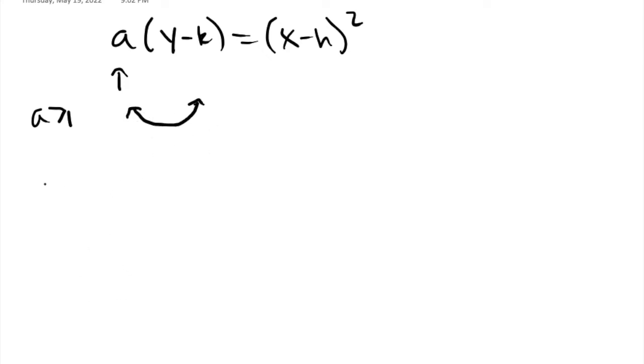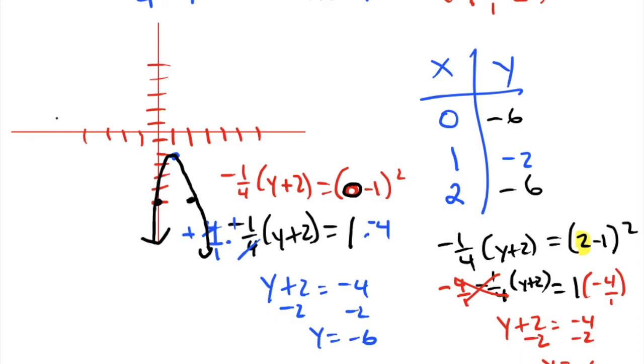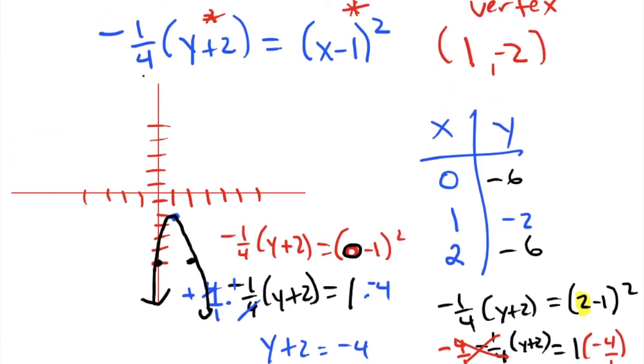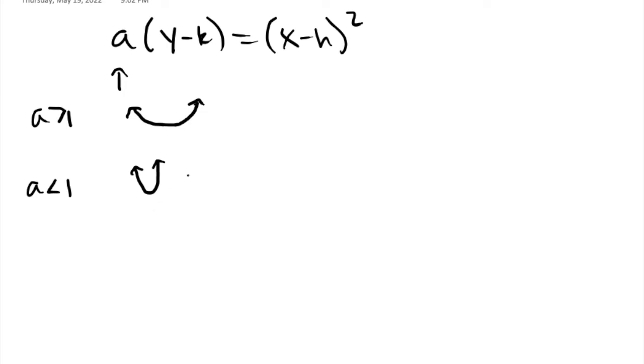So when it was less than 1, like a fraction or a decimal, it made it more narrow, skinnier. And so if we look at the one we just did, it was a fraction. And so it did make the parabola a tiny bit skinnier or thinner than it normally would. So that's the basics of graphing a parabola.